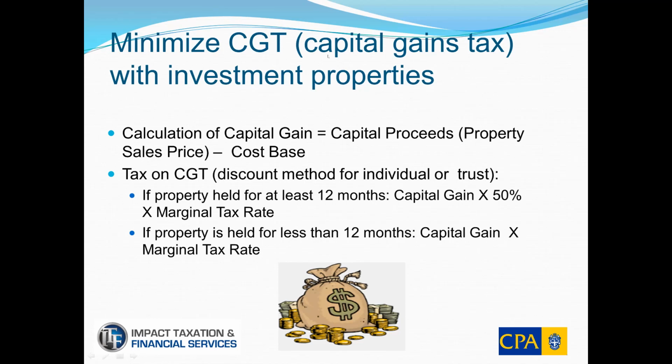So once you know the dollar value of the capital gain, you reduce it by half, then apply that amount on top of your other income to pay marginal tax. If you are holding the property for less than 12 months, then you can't receive that discount.